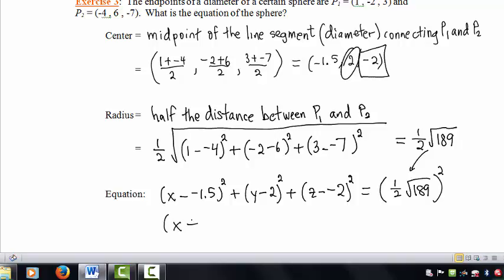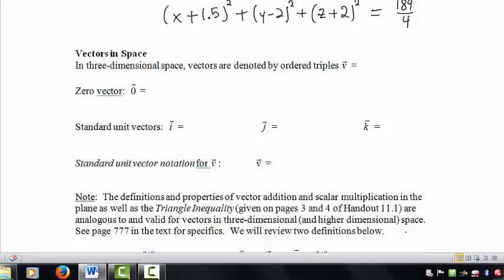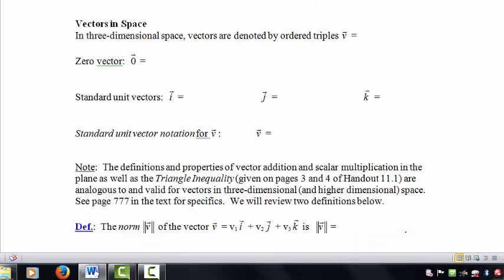Simplifying, we get the following: (x plus 1.5) squared plus (y minus 2) squared plus (z plus 2) squared equals 189 divided by 4.